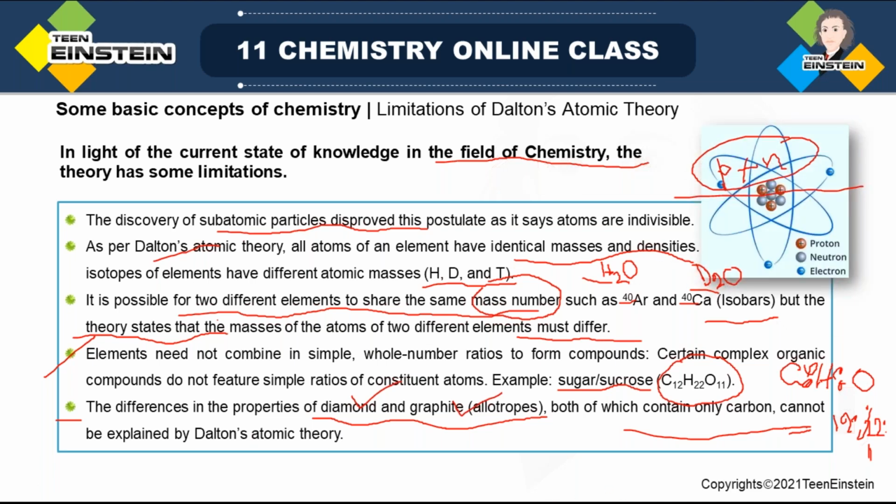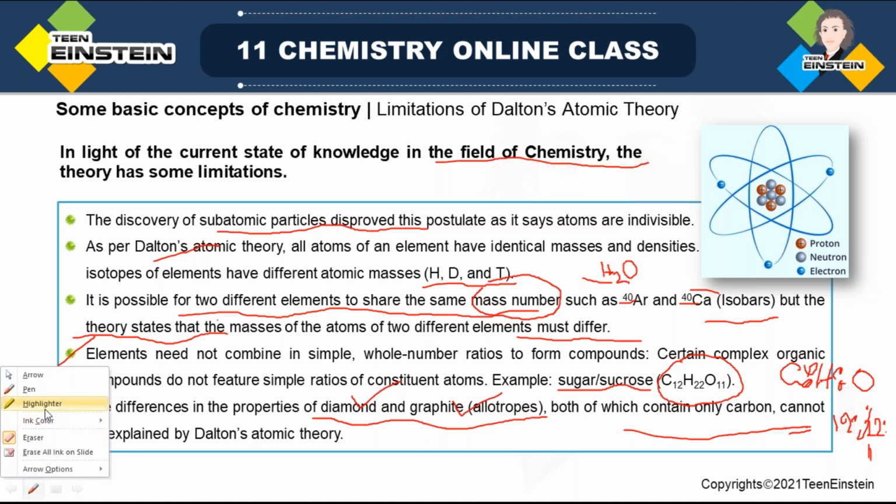Next we'll see, okay, here we have a picture which is according to the modern theory. You can see this is the nucleus, right? Where protons and neutrons are present. Proton is designated here by a red dot, and neutron by a gray dot.